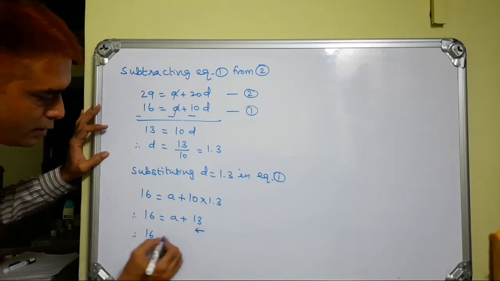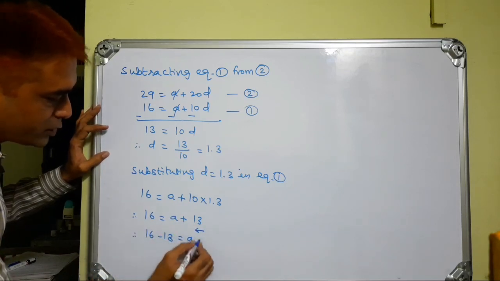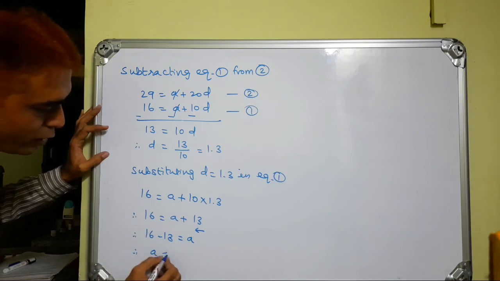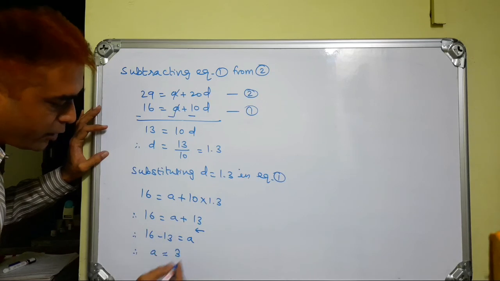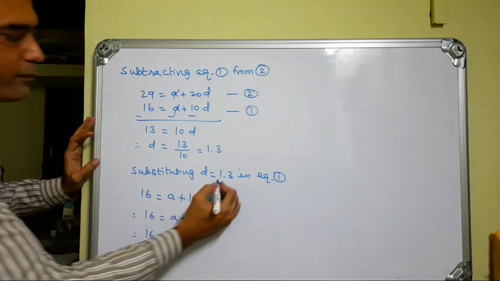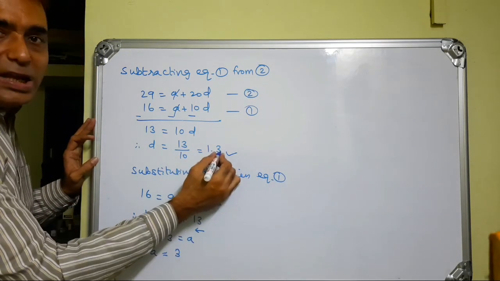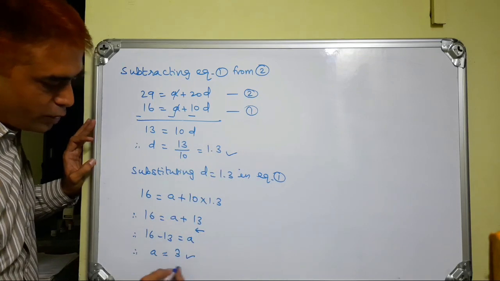Therefore 16 minus 13 equals A, and therefore A equals 3, right? A equals 3. So here we have got A, that is 3, and D, that is 1.3.